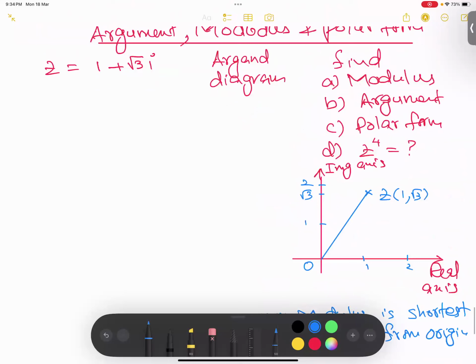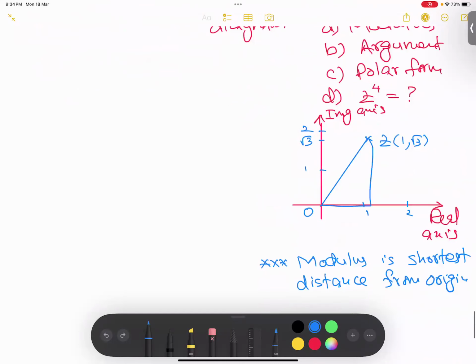So in this sense, if I ask you what is the modulus of this z, it means the shortest distance from the origin. I believe you can see clearly this is a right angle triangle. So I'm going to make this right angle triangle here.